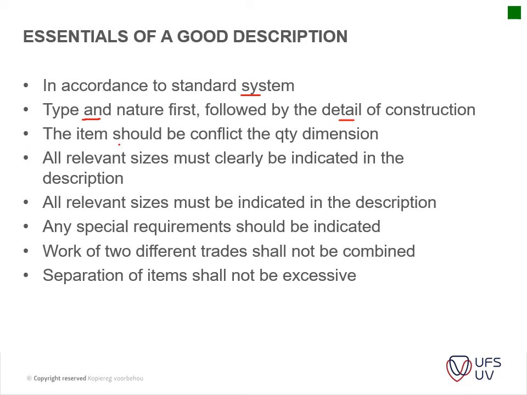Then you've got your item. There shouldn't be a conflict in your items. For instance, if you have a description of a door, it's a 2,032 by 813 millimeter door, and now suddenly you're going to measure in your quantities, you're going to put in a square meter there for your doors.